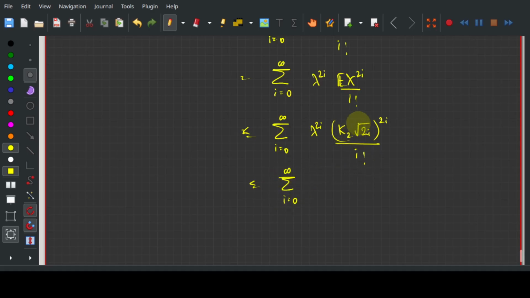Let me perhaps merge k2 root 2 along with this lambda, right? So lambda times k2 root 2 whole to the 2i. What do I have left? I have i to the 2i divided by i to the i divided by i factorial, correct? How do I work with this quantity?